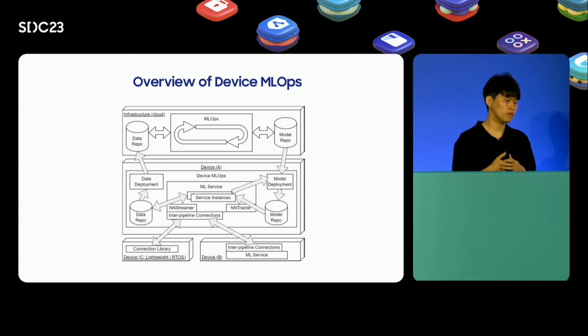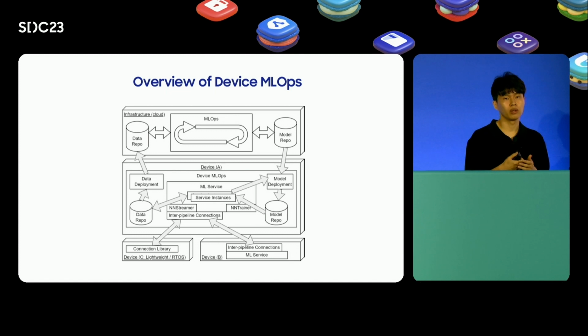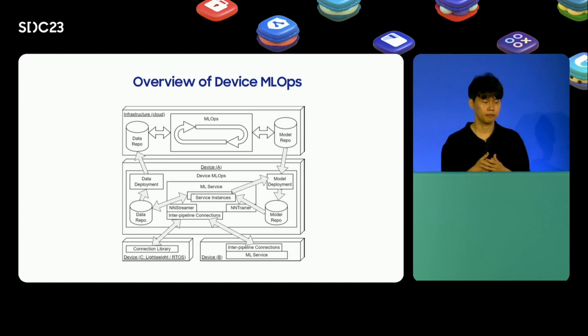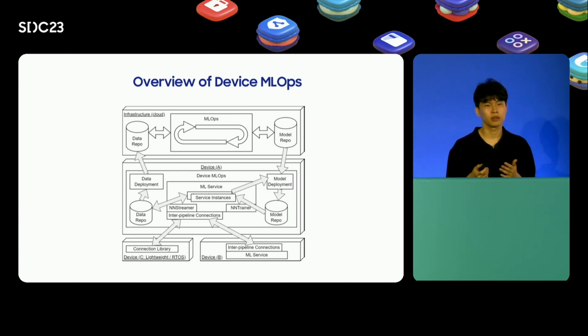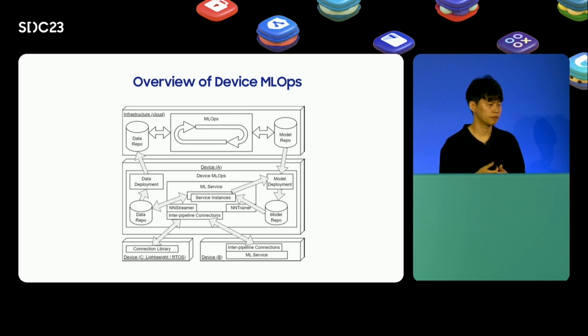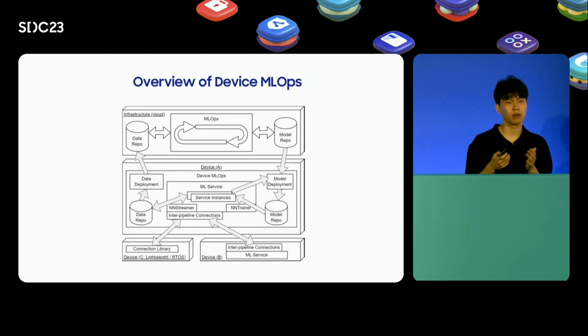And device MLOps will manage the training or inference service instances. And also, device MLOps will manage the inter-pipeline connections to support offloading, which I have already explained in Among Device AI.